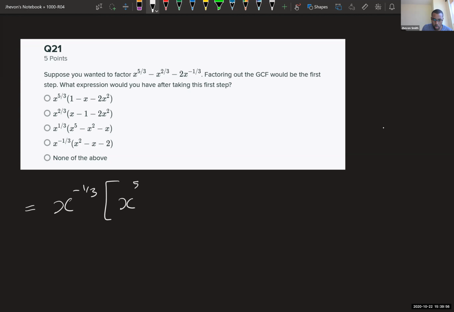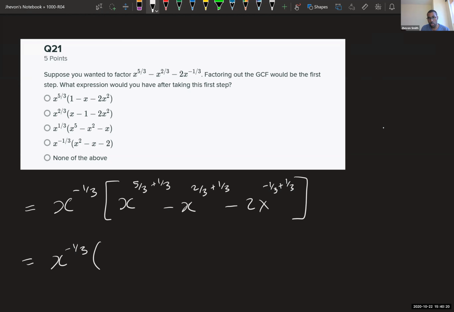And we know that what would happen on the inside is that we subtract the power that we factored out. So if I subtract a negative third, it's the same as adding a third. So this is 5 over 3 plus 1 over 3, that's 6 over 3 or 2. 2 over 3 plus 1 over 3, that's 3 over 3 or 1.